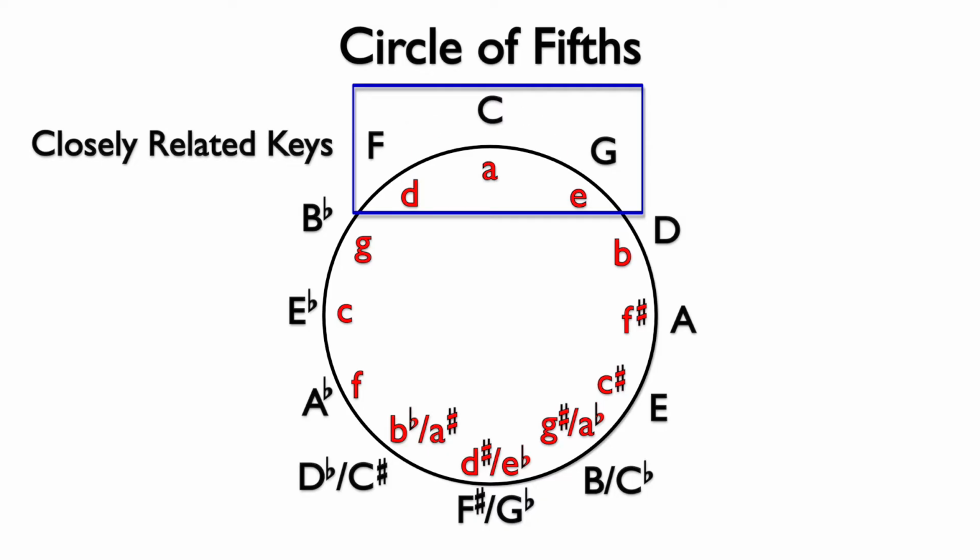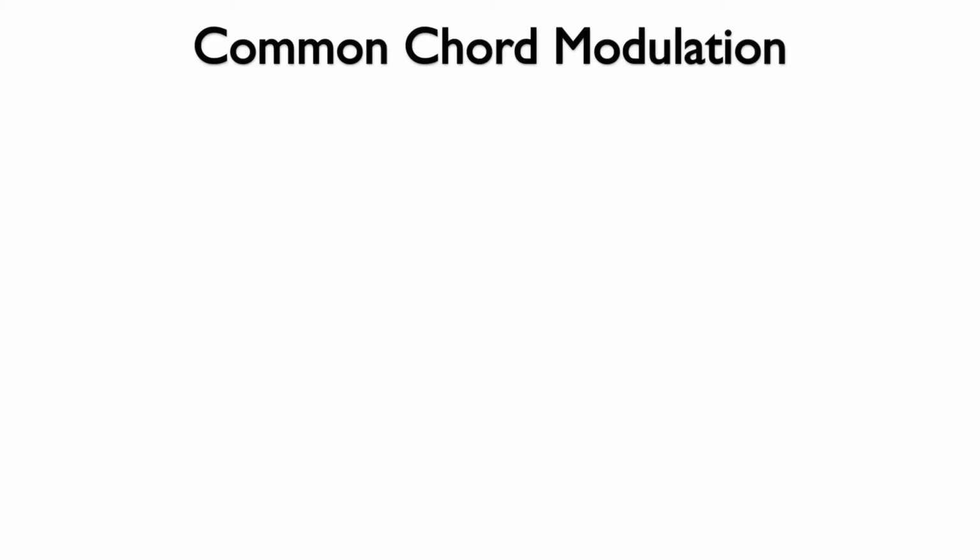If we include the relative minor keys, the following keys are closely related to C: G and F major, A, E, and D minor. In this video, we will explore the use of common chord modulation between closely related keys.